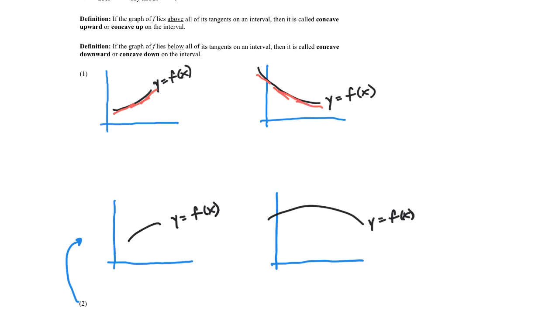So the graph lies above all of its tangents on this interval. This black curve is above all the tangents. The tangents to the curve are all below the curve. So in this case, this is called concave upward or concave up.